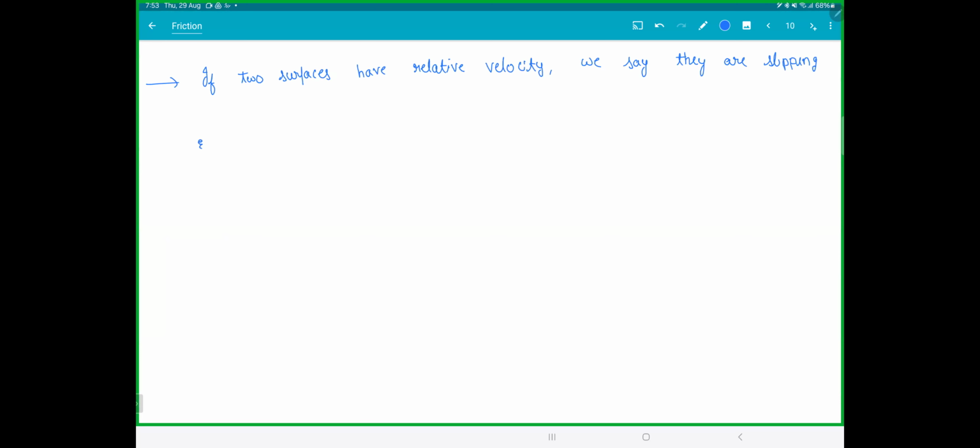Example: people get confused between slipping and moving. They think no slipping means not moving. Let's say this is going with 3 meters per second and this is going with 7 meters per second. So here the blocks are slipping.